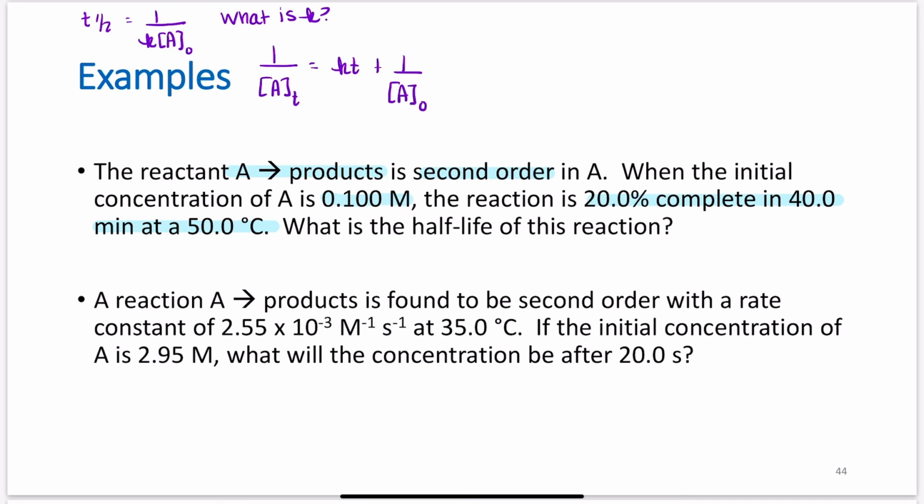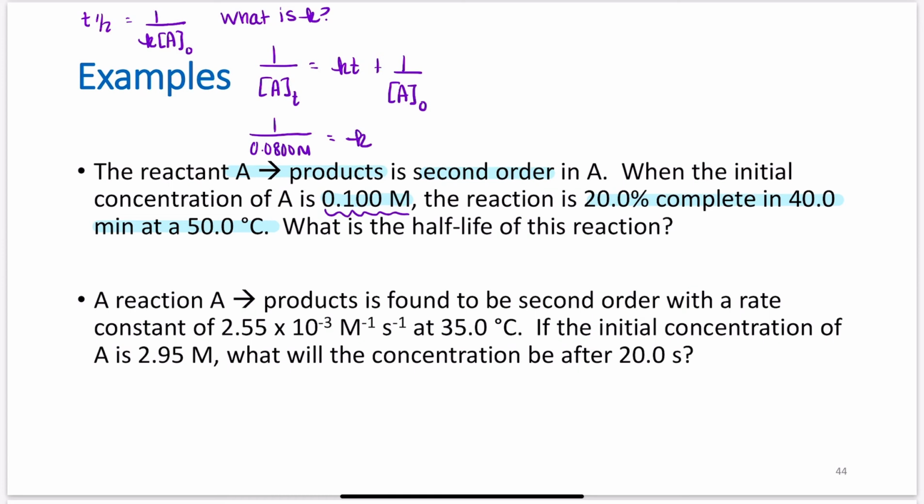Plug in what we do know. We know that 20% completion takes 40 minutes. 20% completion means how much remains? 80% remains. I started with a 0.1 molar solution, so if 80% remains, I must have 0.0800 molar.